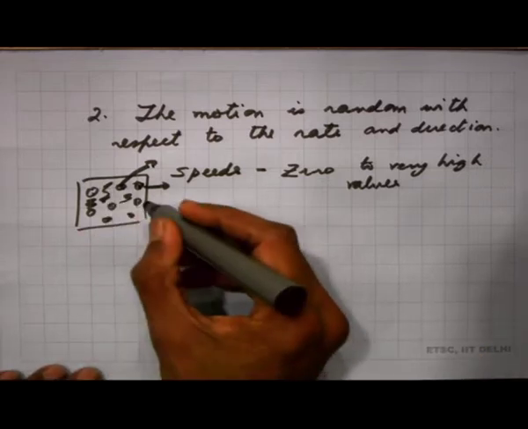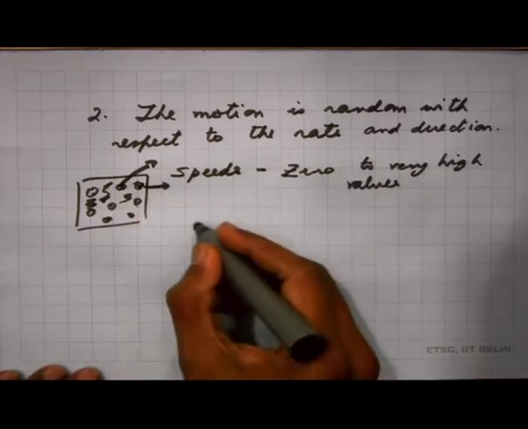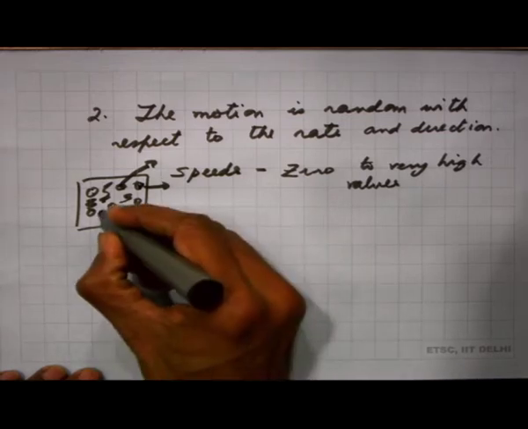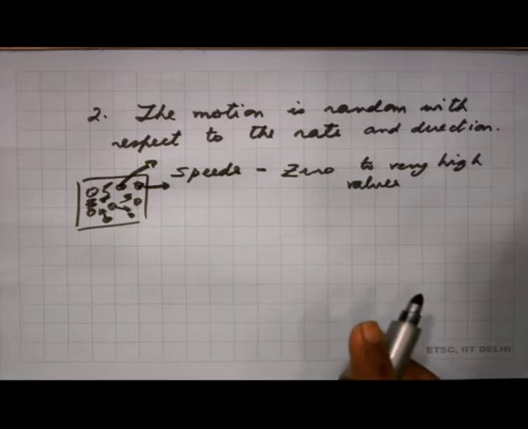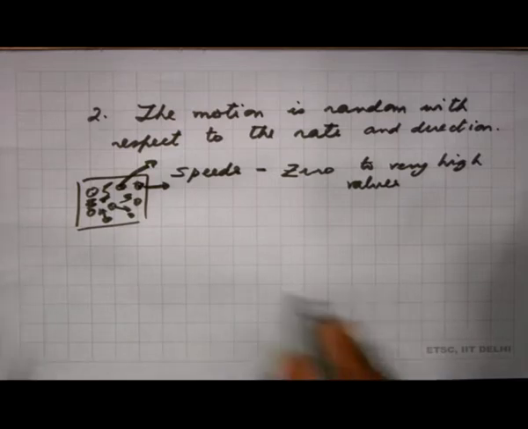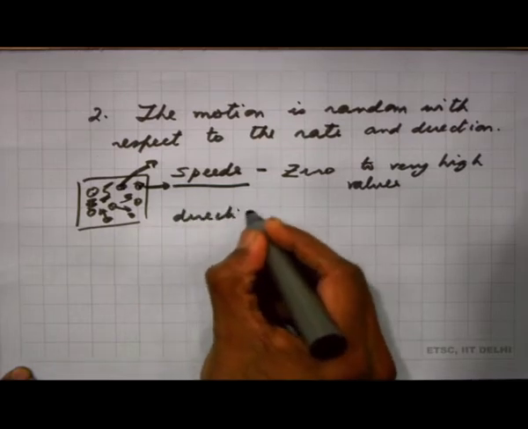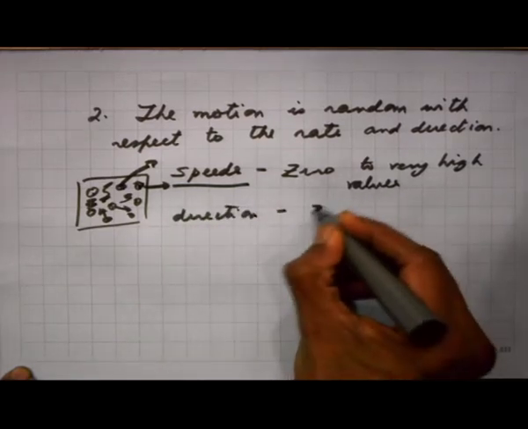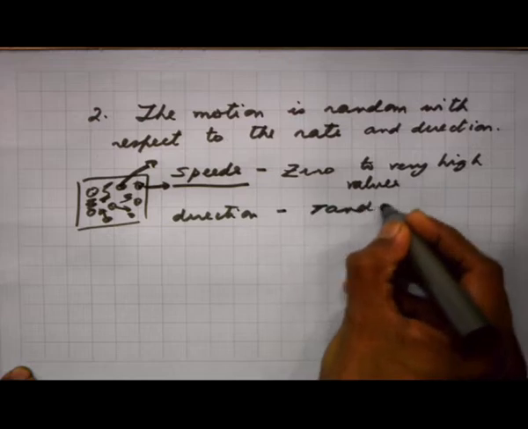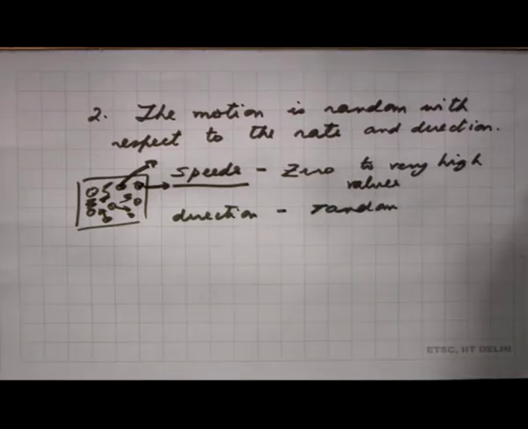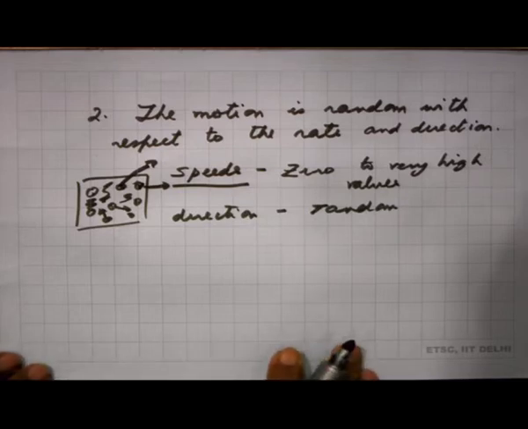They are also moving in random directions, which means that if one is moving in this direction, another could be moving in a completely different direction. So, both in terms of speed as well as direction, the motion of the molecules in this model is random. Over all possible orientations, the molecules could move.